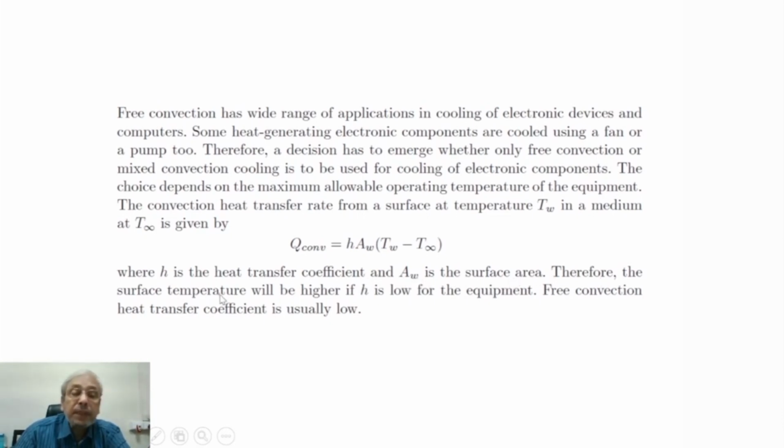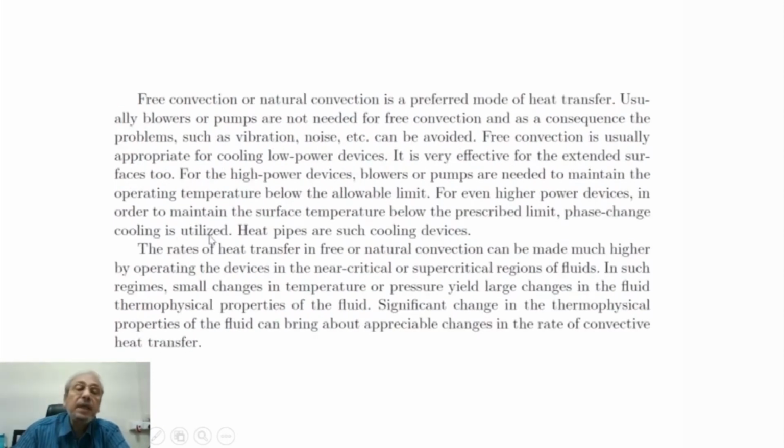Therefore, the surface temperature will be higher if h is low for the equipment. Free convection heat transfer coefficient is usually low. So that is why a decision has to be taken whether it will be augmented by forced flow.